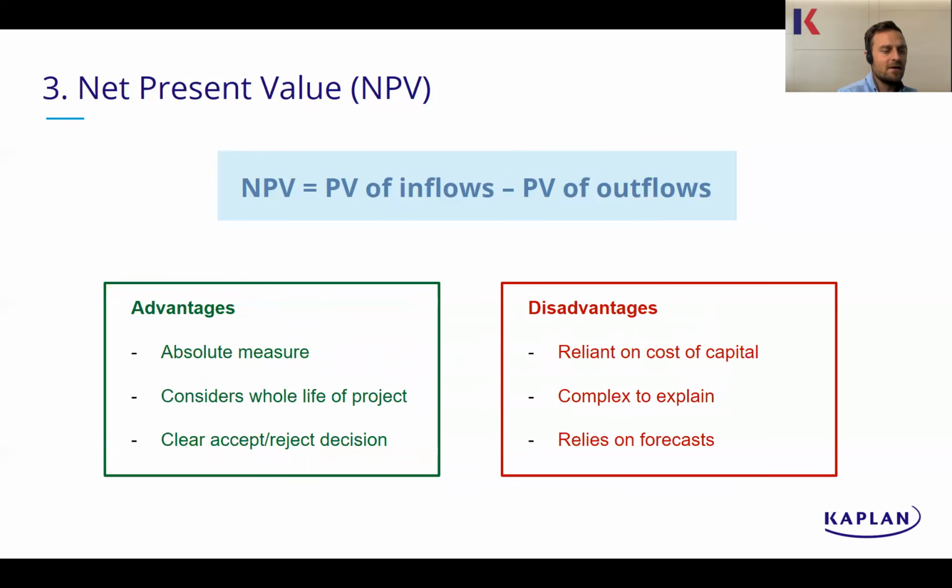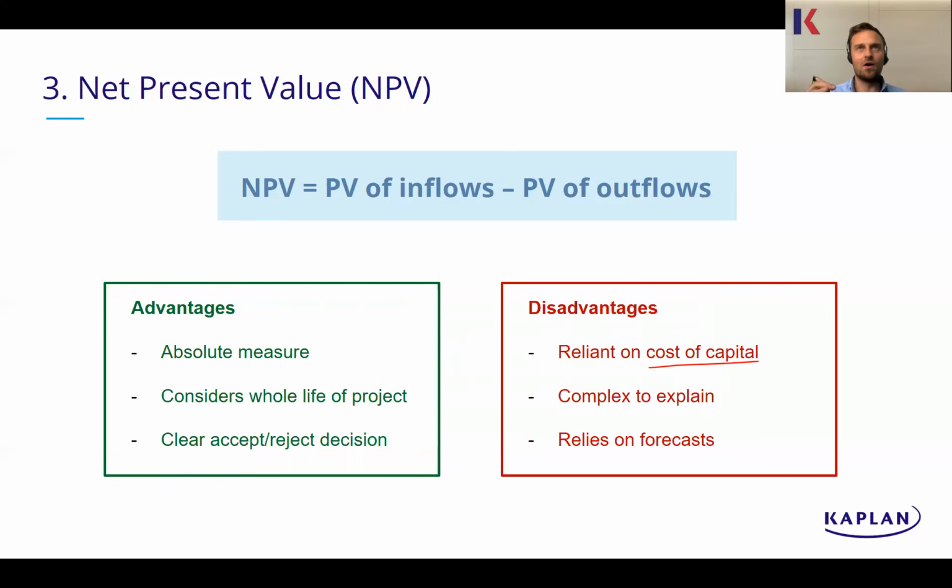Now, these NPVs are really dependent on that cost of capital. Now, I just used a discount rate of 10%, which would be the company's cost of capital when you're doing this. That's a whole other masterclass. I'm recording a masterclass on the cost of capital, so that'll be available as well if you need to look at that. That cost of capital is based on a lot of assumptions.